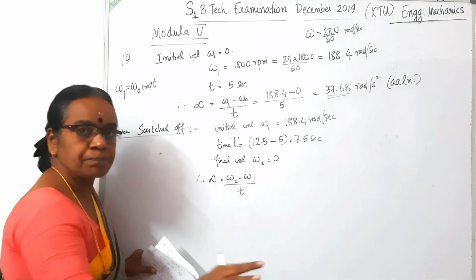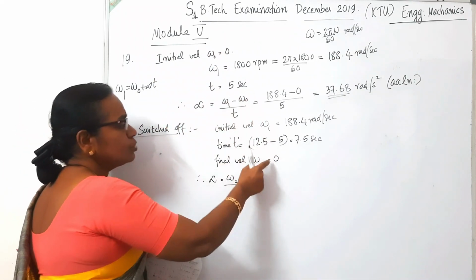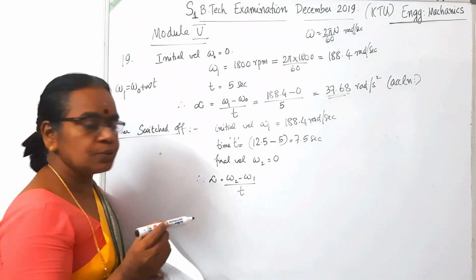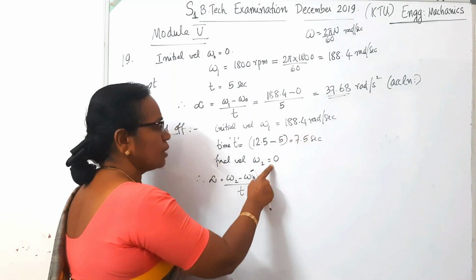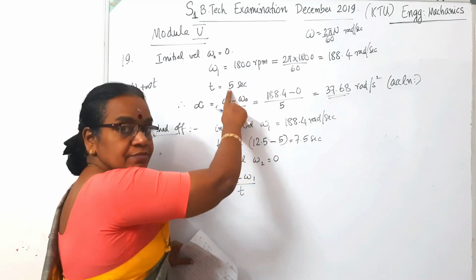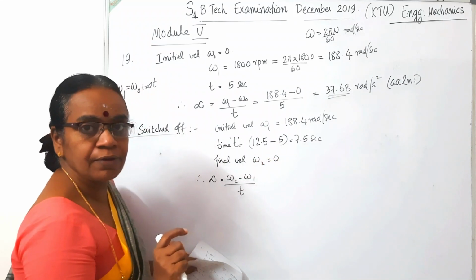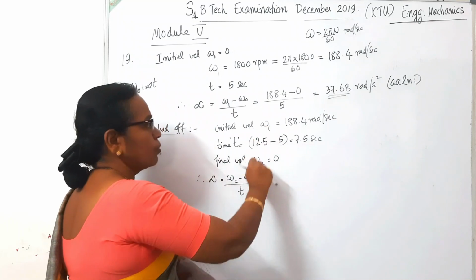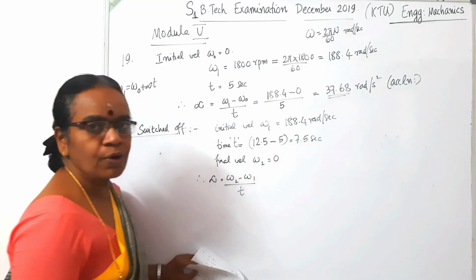It comes to stop. And the total time taken from the beginning until it comes to stop is 12.5 seconds. Initially 5 seconds have been completed, so from 12.5 you have to reduce 5, so that the time taken for the velocity to come down from 188.4 to 0 is 7.5 seconds.